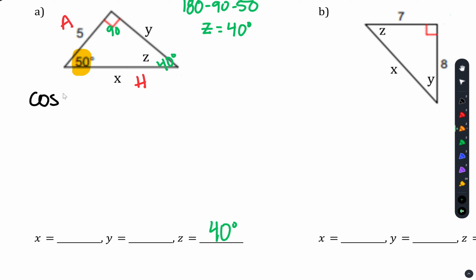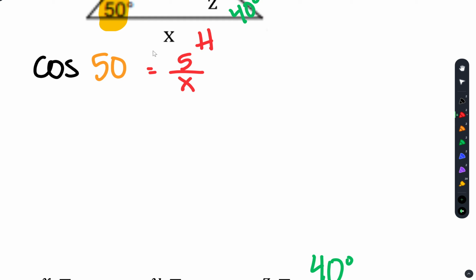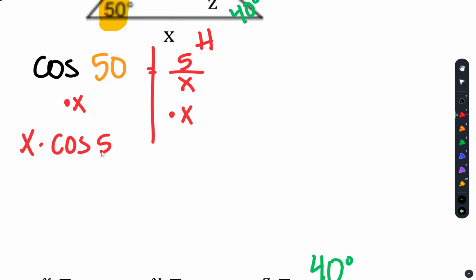Cosine of your angle equals adjacent 5 over hypotenuse x. And now this is just like what we were doing yesterday. To solve for that x, I'm going to multiply it over. X times cosine 50 equals 5.